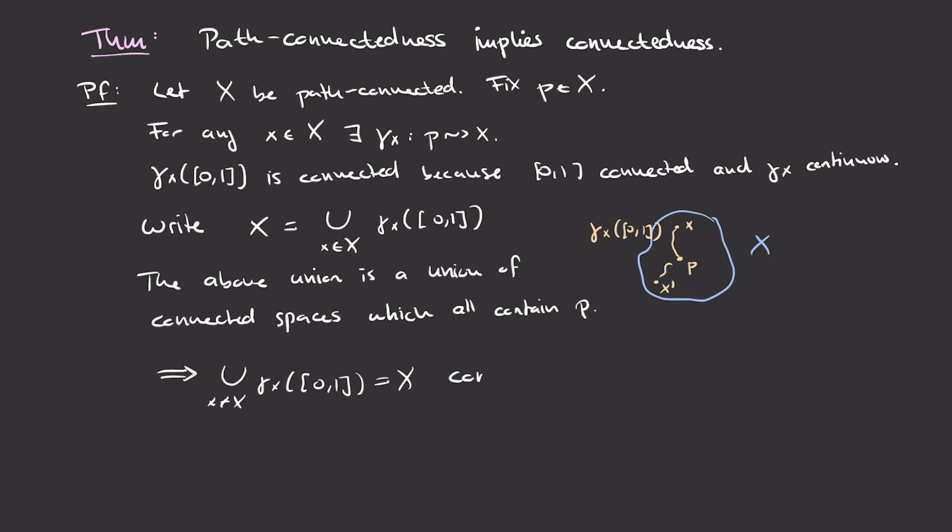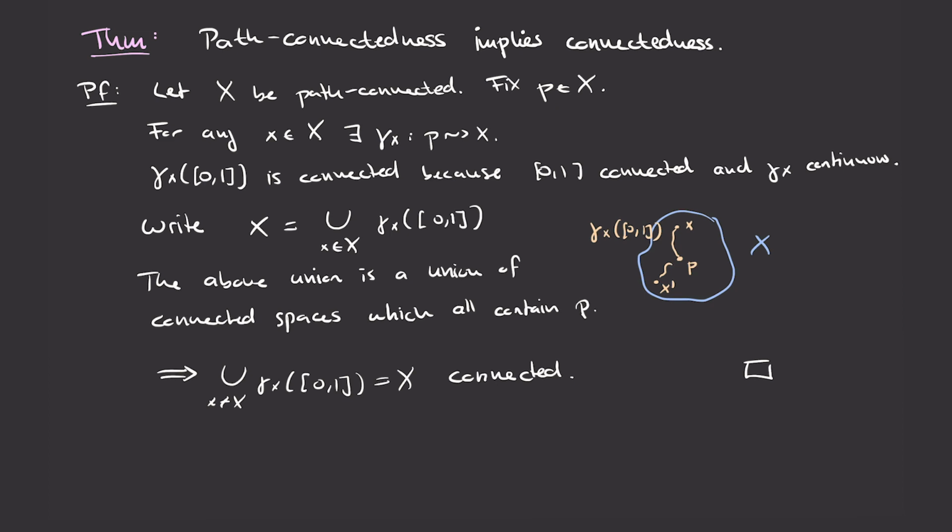But this union is just X, so X is connected. And this proves the theorem. So as I said, it's surprisingly simple once you know what you need to do. But again, a lot of hard work is hidden in this fact here that the unit interval is connected.